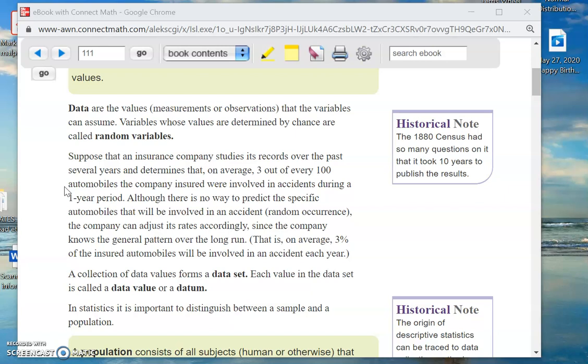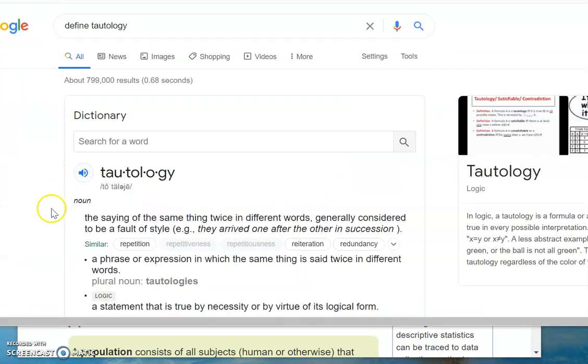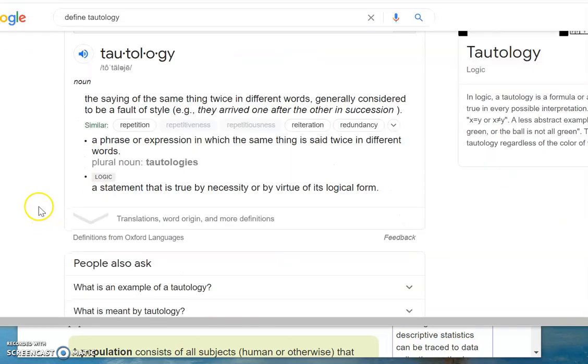A tautology is an expression that really is true but is almost meaningless. If you go to Google and type in define and then the word, it'll give you a definition. It's saying the same thing twice. It's not considered exactly proper.